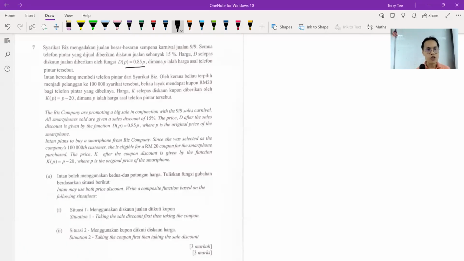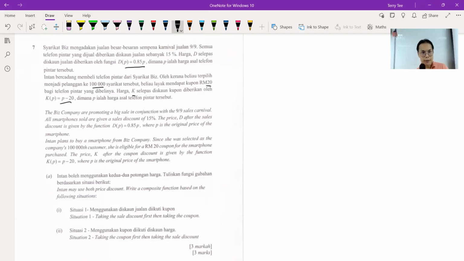Intan bercadang membeli telefon pintar dari syarikat BIS. Oleh kerana beliau terpilih menjadi pelanggan ke 100,000 syarikat tersebut, dia layak mendapat kupon RM20. Harga selepas kupon diberikan oleh K(P) equals P minus 20, di mana P ialah harga asal telefon pintar.